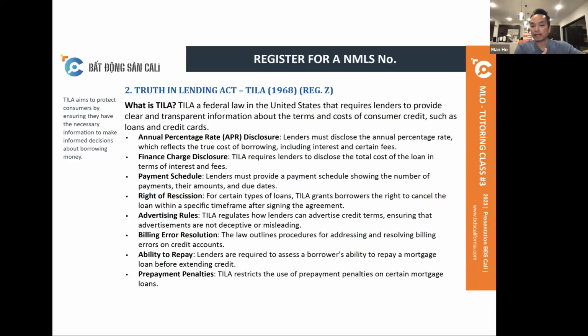These are all the items that cost you in your loan for that 0.25, and you need to explain that. Lenders must disclose the annual percentage rate, the APR, which reflects the true cost of borrowing, not only the rate but the additional cost to borrow this loan, including interest and certain fees, like what I just mentioned.